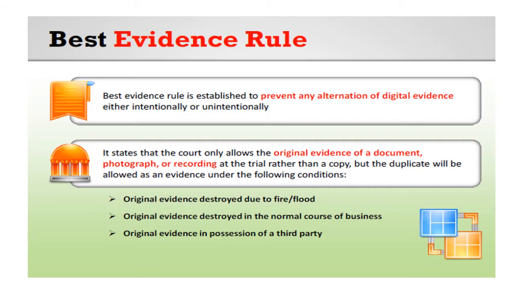A duplicate will be allowed as evidence if the original evidence is destroyed due to fire or flood, when the original evidence is destroyed in the normal course of business, or when the original evidence is in possession of a third party.